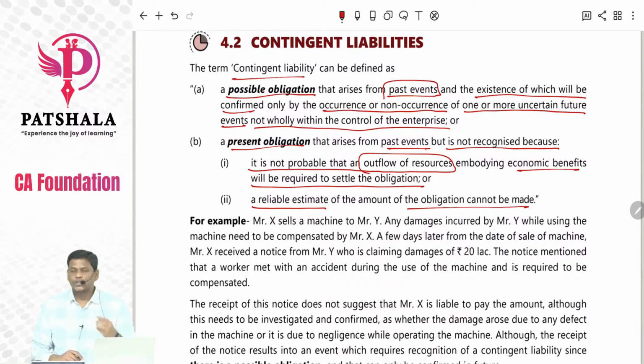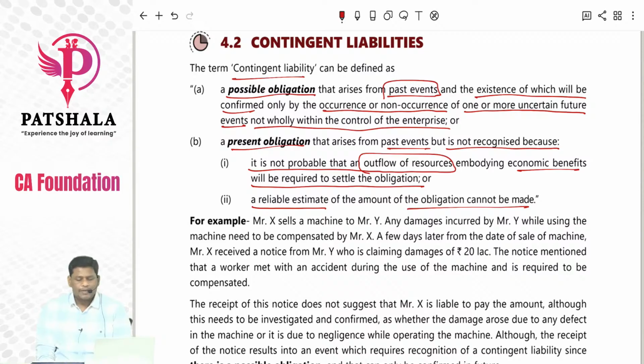You cannot exactly estimate how much is the loss. But once you can start estimating, go for a provision. Same story: virtually certain, provision. Probable and possible, notes. Remote, ignore. Clear? Ask me.